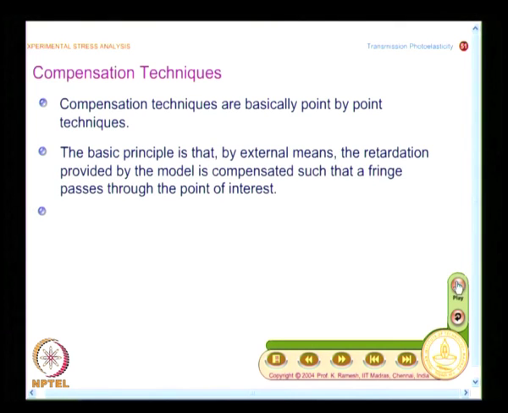And what is the principle? By external means, the retardation provided by the model is compensated such that a fringe passes through the point of interest. We have also done a logical development of fringe formation both in a plane polariscope and circular polariscope.